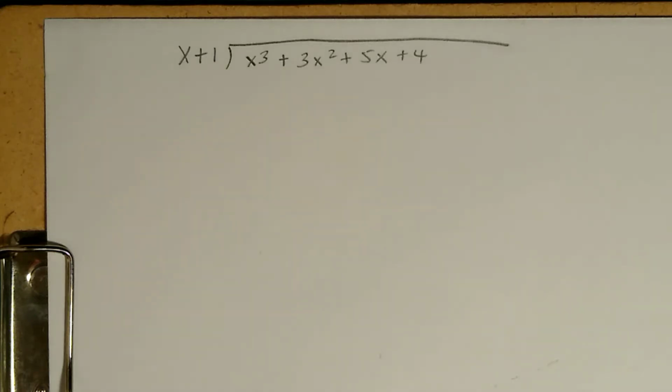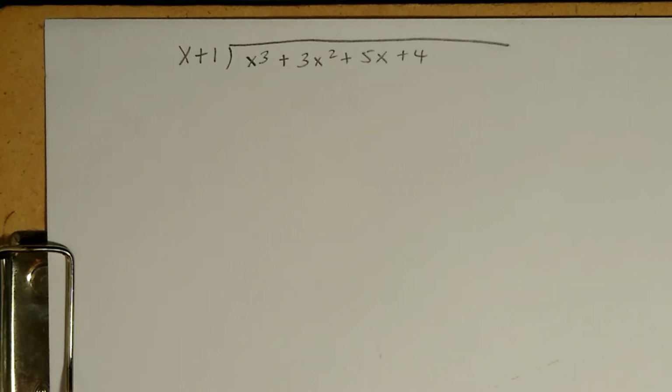Hello, today I want to work on a polynomial long division problem here. The expression says x plus 1 divided by x cubed plus 3x squared plus 5x plus 4. In order to approach this, we have to see what exponent we can use to get an x cubed.